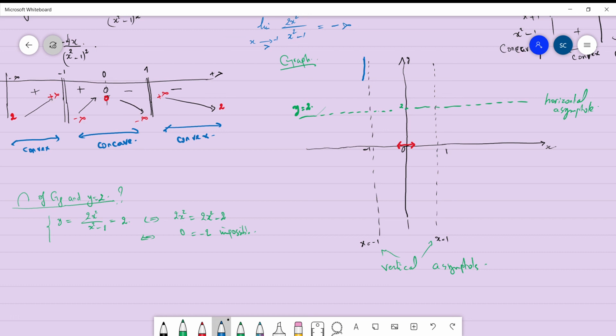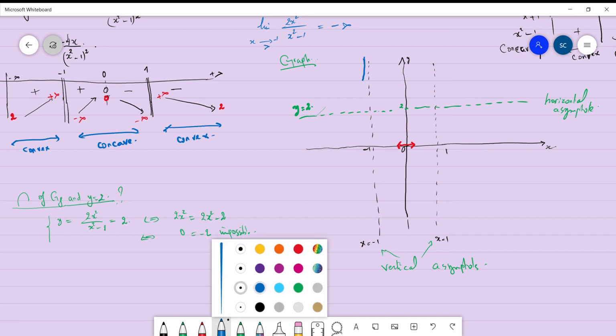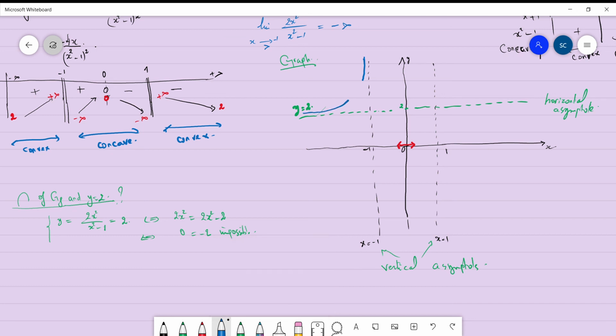So let's go back then and graph this part. We will have something like that for this part. Then between minus 1 and 0 my function is concave. It takes large negative values when x is close to minus 1, the f of x values are close to minus infinity.